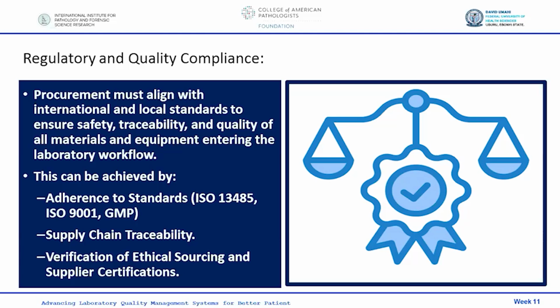Okay, another way of achieving regulatory and quality compliance is by supply chain traceability. Labs should be able to trace every supply item from the ordering to storage to usage, and that is where the digital inventory management system also comes in. It makes it easier.